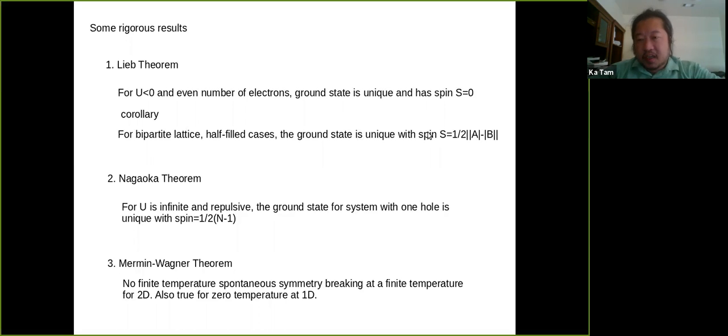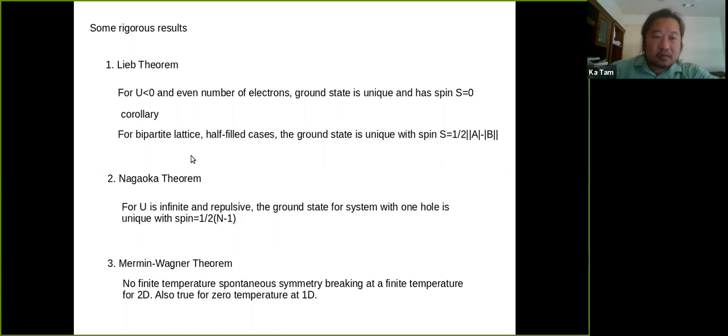A minus B means the difference in the number of lattice points in sublattice A and sublattice B. Because it is a bipartite lattice, you can separate the lattice into two groups, the A and B lattices. Say you have a simple square lattice, that will be 0 for an even number of sites.